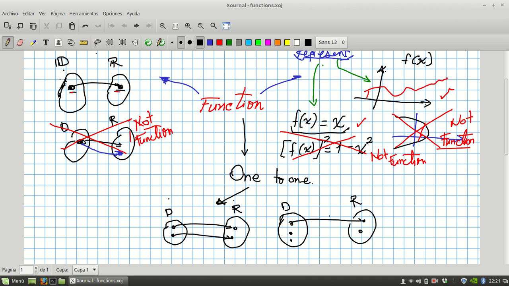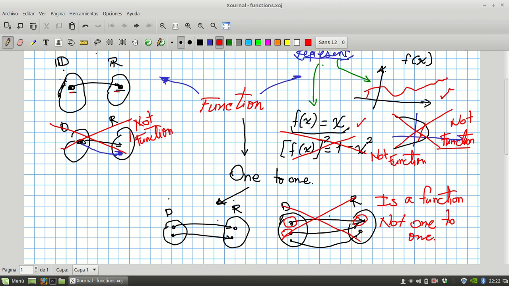One element of the domain corresponds to one element of the range. Okay? But notice that this element of the range corresponds to two elements of the domain. So this is not one-to-one. It's a function, but it's not one-to-one.